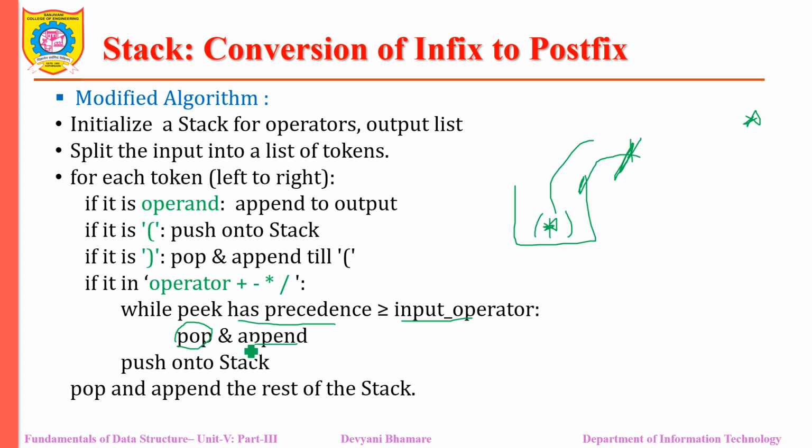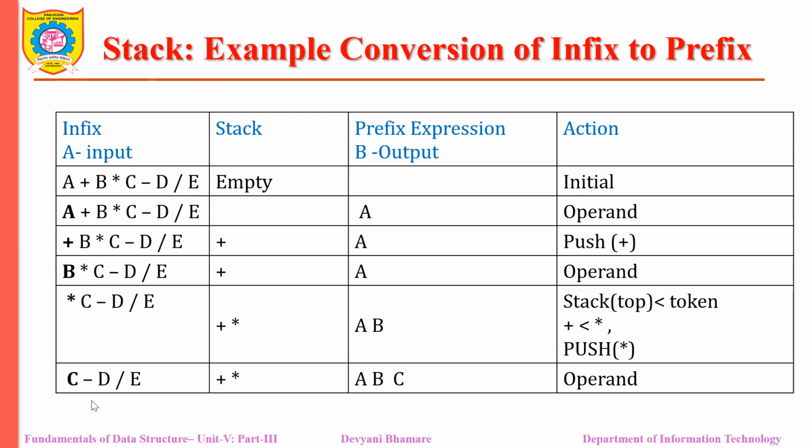Once all the input has been read, if some operators are left in our stack, then we pop all those operators from the stack and append them to the output list. So this is our modified algorithm, which we can apply even if our input is not a fully parenthesized expression. Let's see this example here.